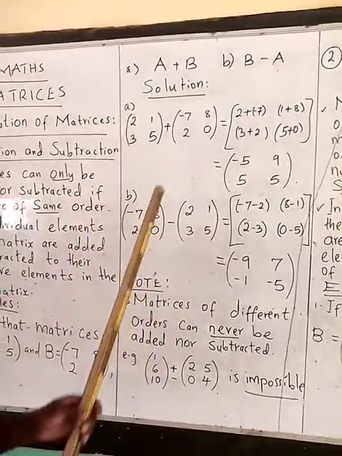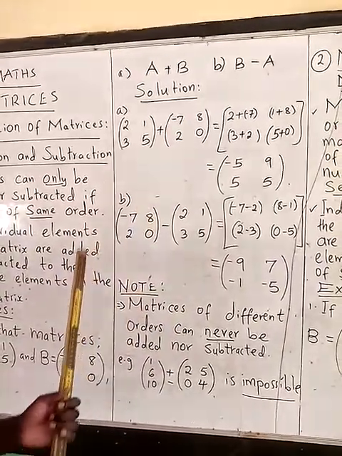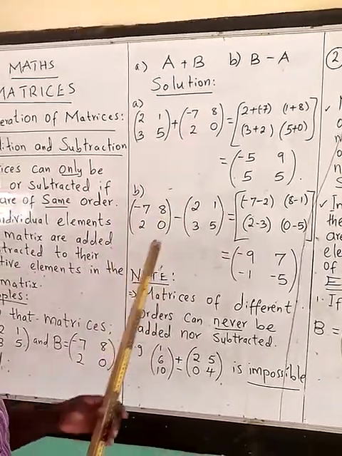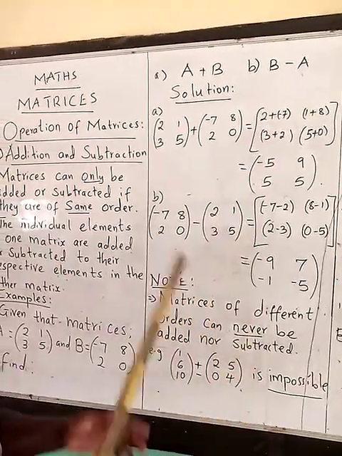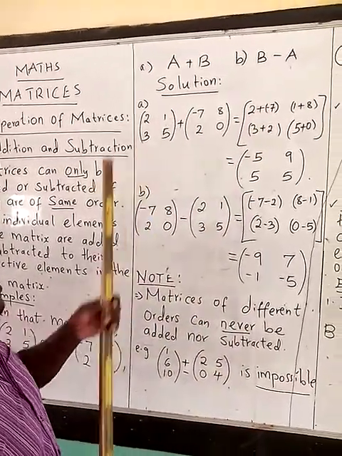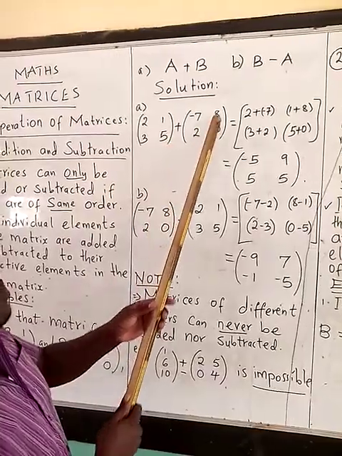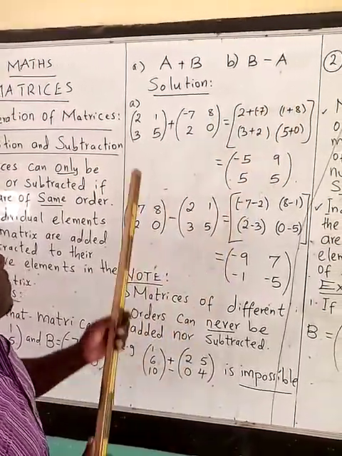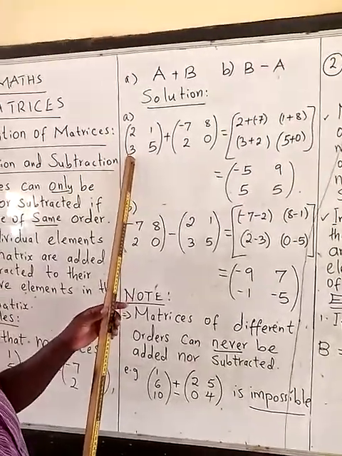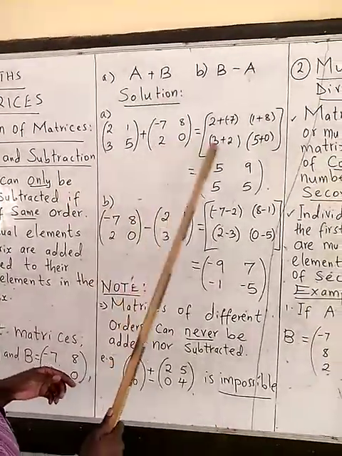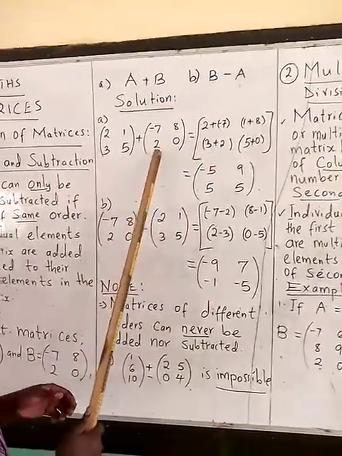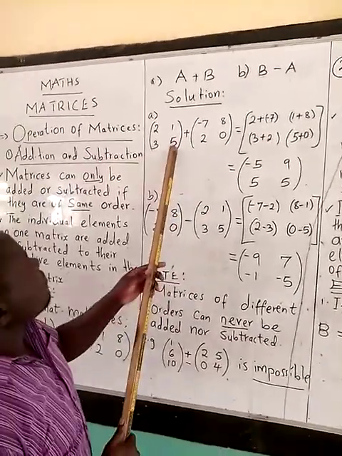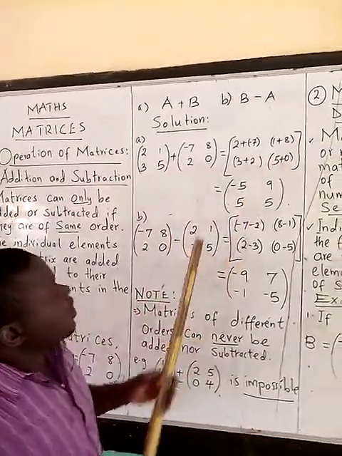Therefore, we add it to negative 7, which is also in the first row, first column. 1, first row, second column, is added to 8, first row, second column. The same we do to 3, second row, first column. We add it to 2, second row, first column, and then 5 is added to 0.